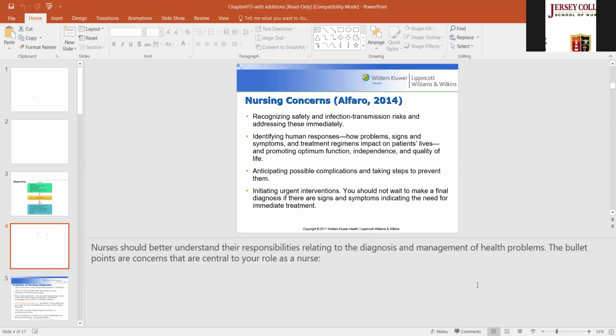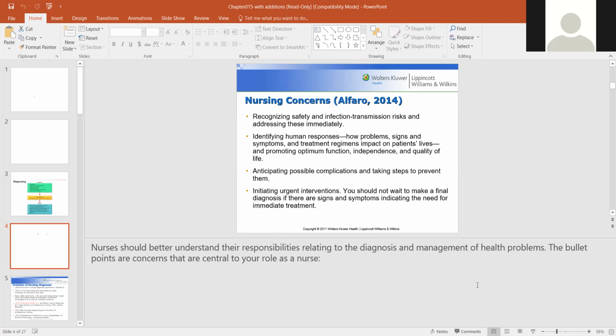Okay, so concerns, all right? We have to be able to recognize any safety or infection transmission risk. Those have to be identified immediately because we don't want to put somebody in a room with somebody else who might make them sicker. We have to identify how the person is going to respond as a human being. How are the symptoms, the signs, the treatment, how's it going to impact or affect them?